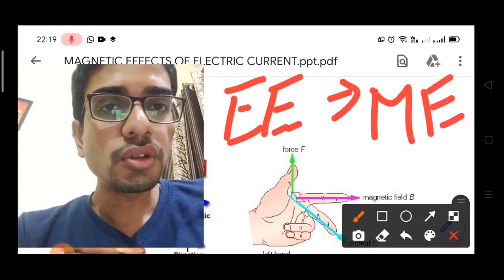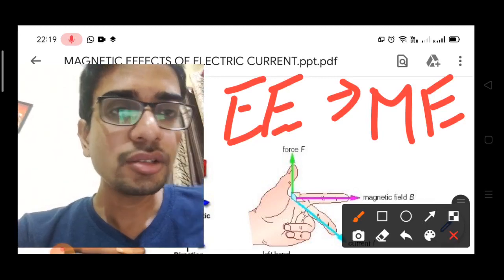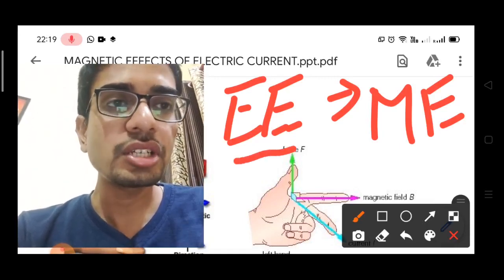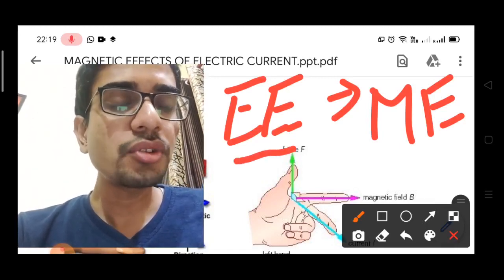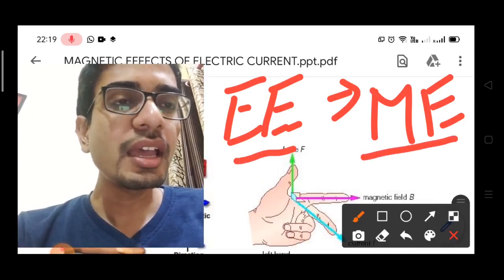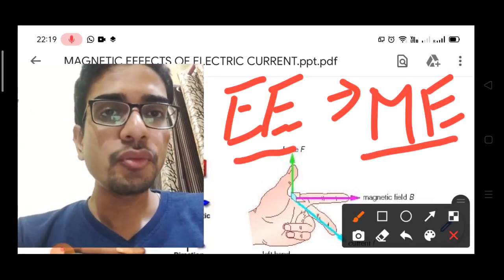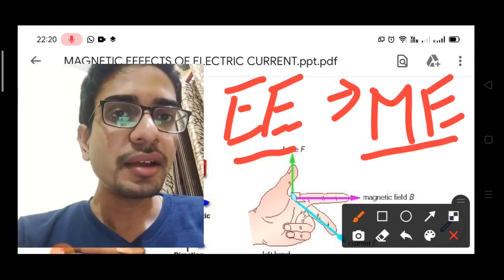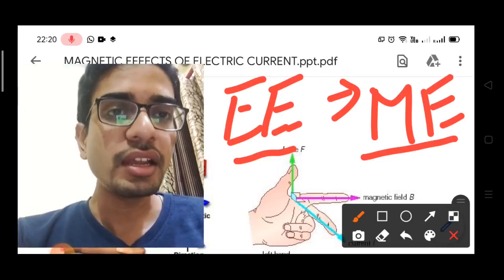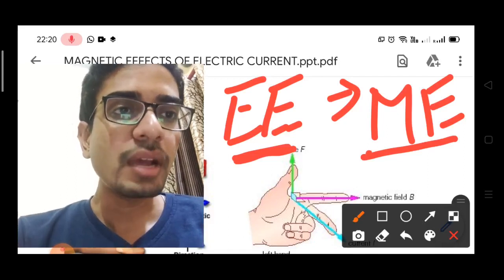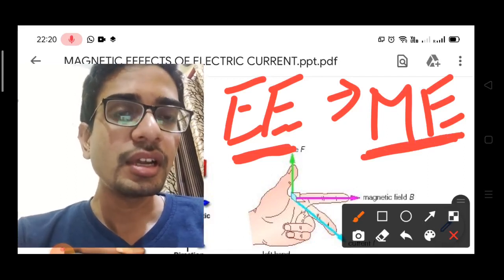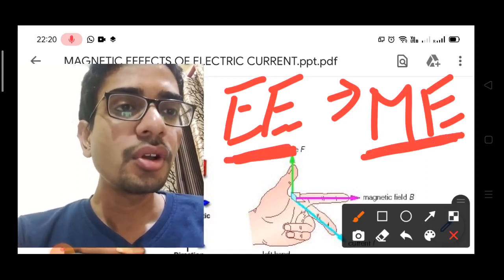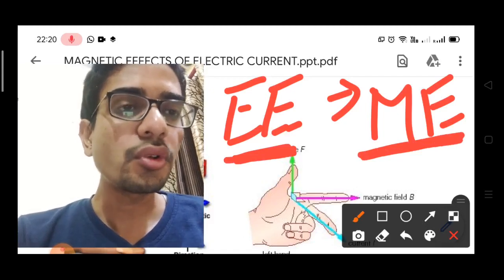So when you switch on the fan, you are converting electrical energy, and when the fan starts rotating, it converts into mechanical energy. So an electric fan or a mixer or any device which has an electric motor is converting electrical energy to mechanical energy. It is using current for rotating or for force.